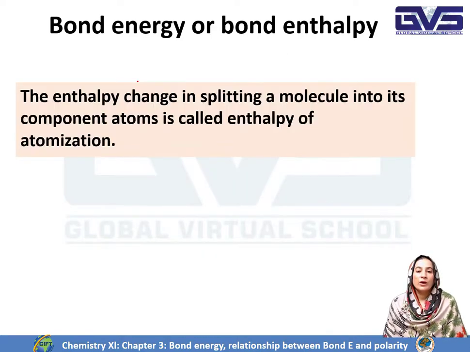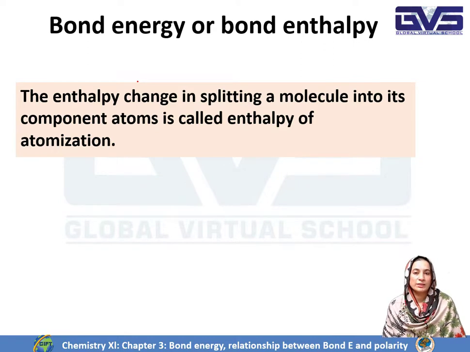The bond energy for 1 mole of a substance is the enthalpy change in splitting, that is, separating or breaking a molecule into its component atoms. This is called enthalpy of atomization.